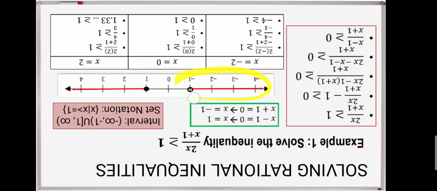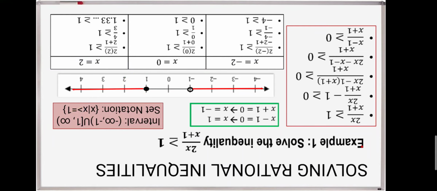Okay, that is this part of the graph. Union. Okay, it should have union to denote that this part is also included, from 1 to positive infinity. Okay, as you can see, we use parentheses here to denote that negative 1 is not included, and the square bracket here to denote that positive 1 is included.